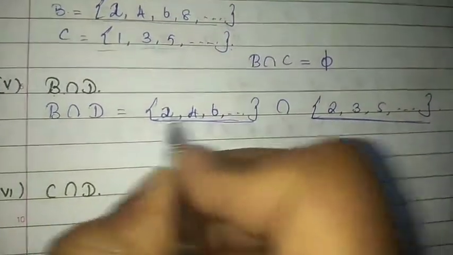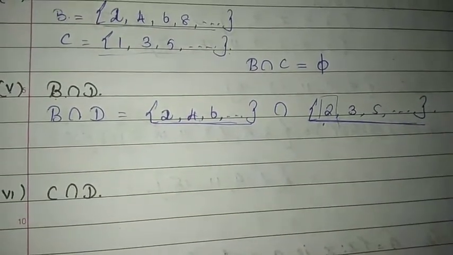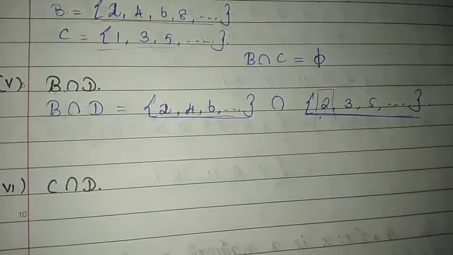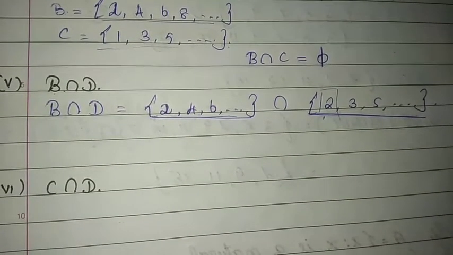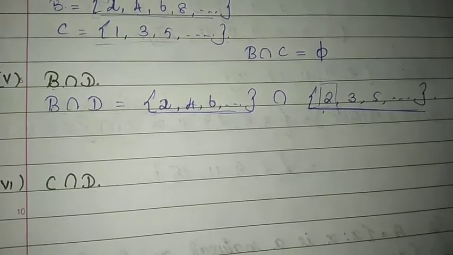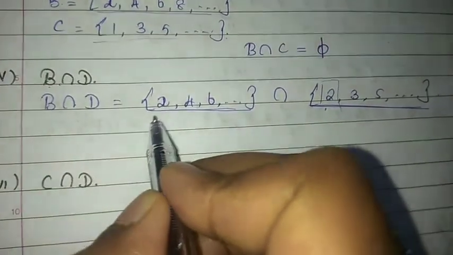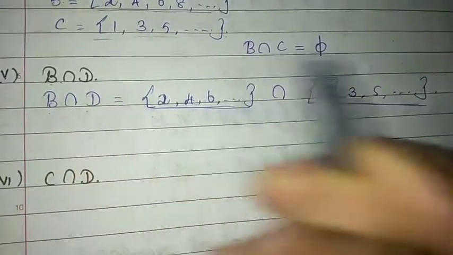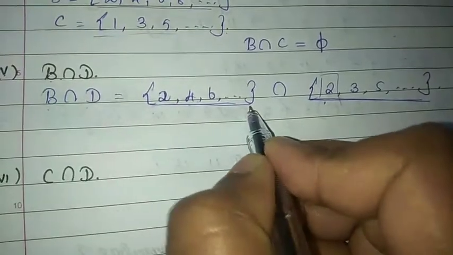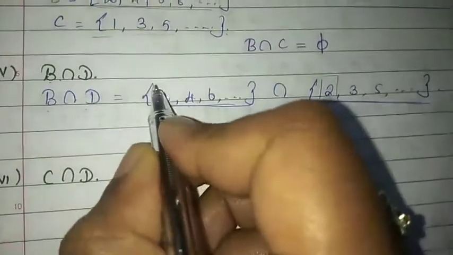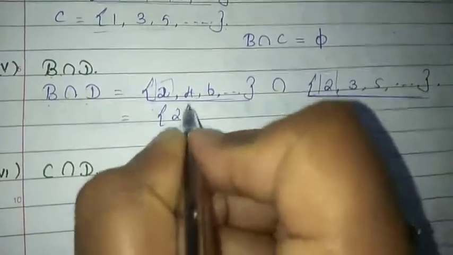Now in prime numbers, only 2 is even, isn't it? Any other even number you take, everything will be composite only. So therefore, I will say that B intersection D is equal to {2}. Any other even number you take will be composite except 2. Therefore, 2 is the answer.